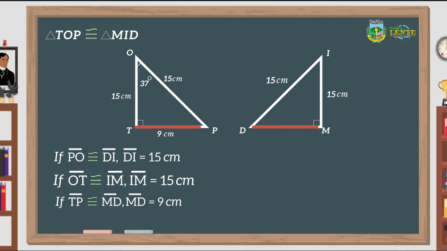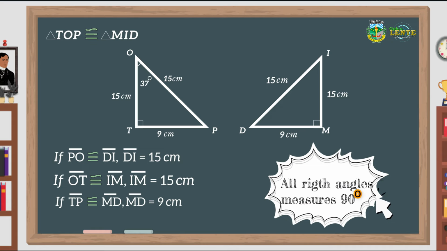If side TP is congruent to side MD and side TP is equal to 9 cm, then side MD is equal to 9 cm. Since angle T and angle M are right angles, then they are equal. All right angles measure 90 degrees.